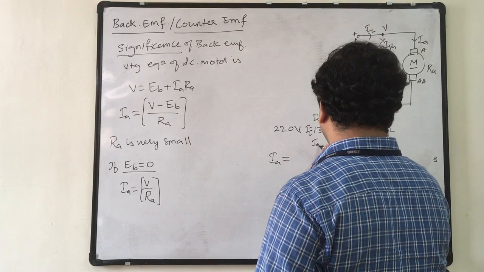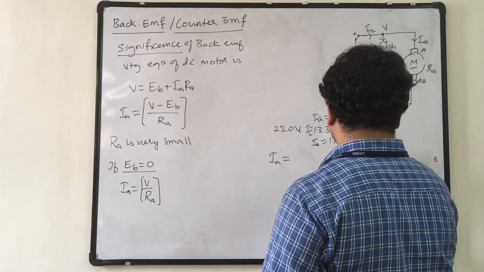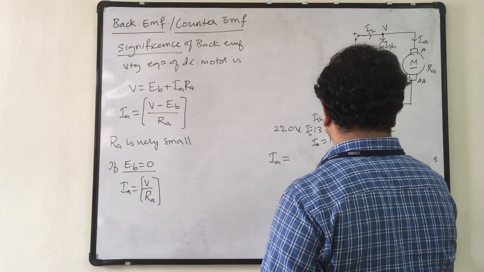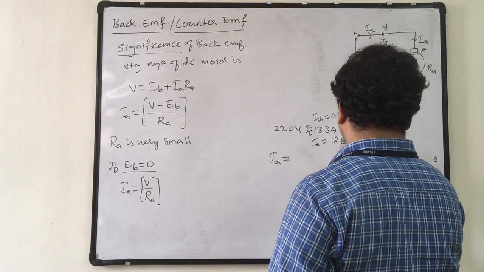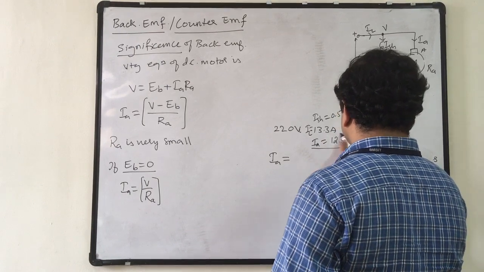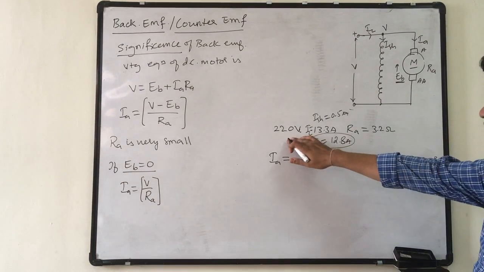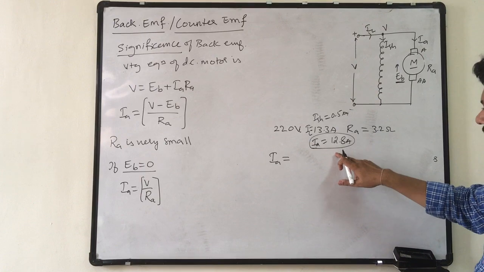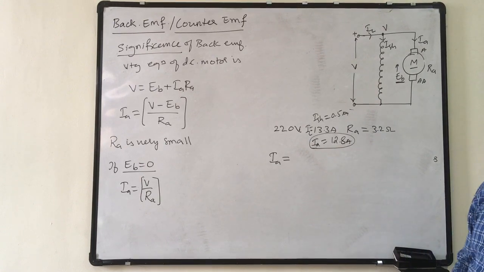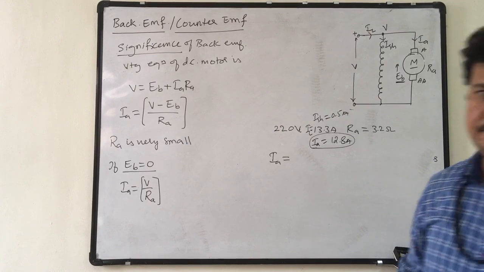Then my Ia will be 13.3 minus 0.5, 12.8 amperes. So the maximum current that my motor of 220 volts in my lab will carry is 12.8 amperes in the armature. If it carries more than 12.8 amperes, the armature winding will burn.